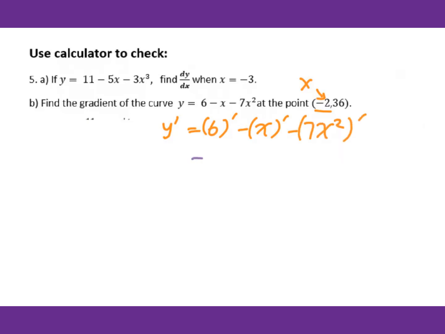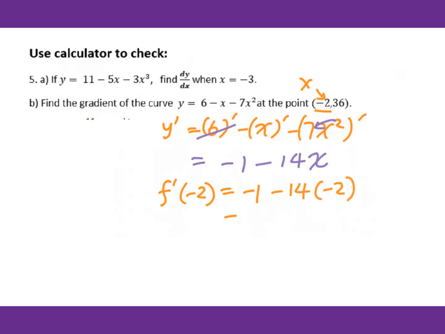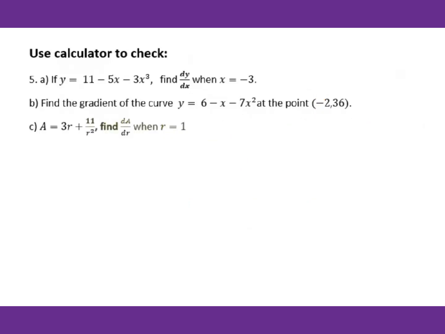So we have, this is 0, minus 1, minus, drop down, 14x. Now, you will get the f prime of negative 2. So we have negative 1 minus 14 times negative 2. You will get 27. So let's go to C.